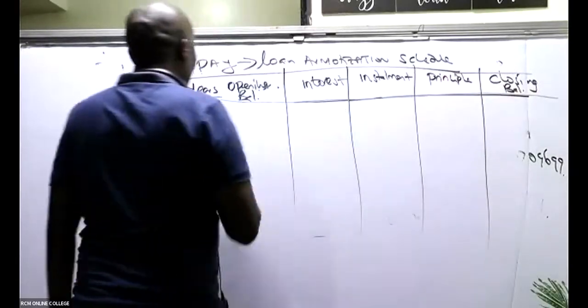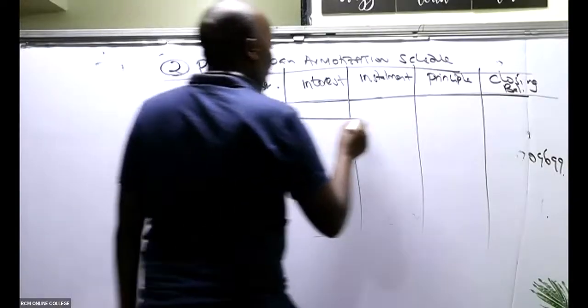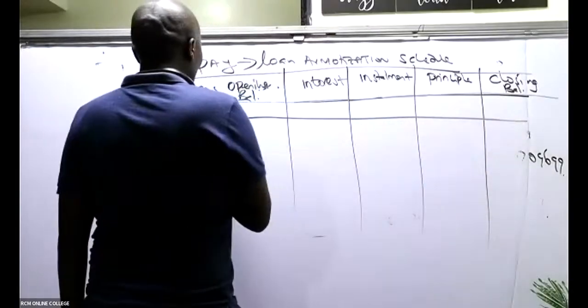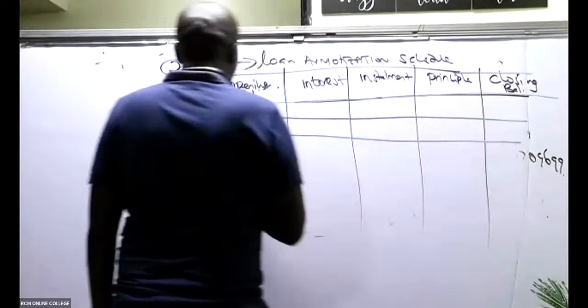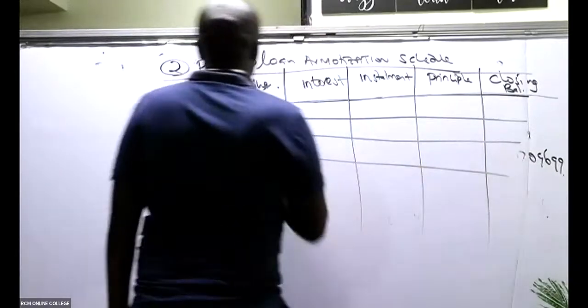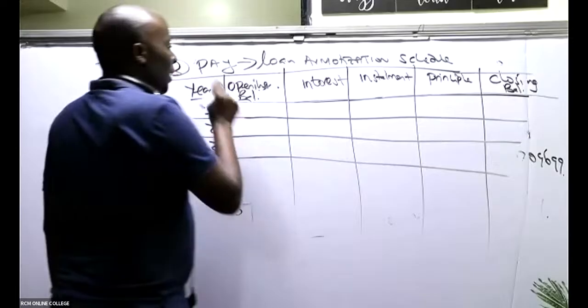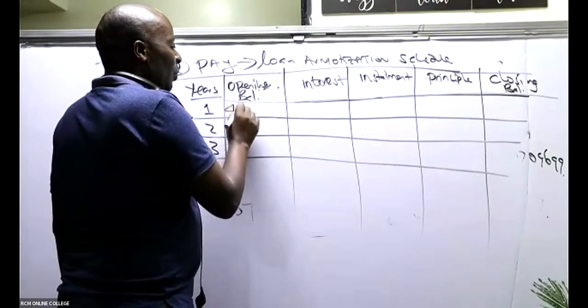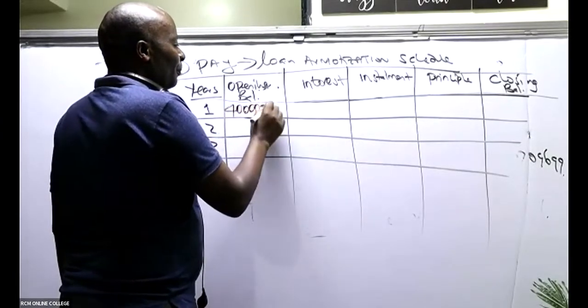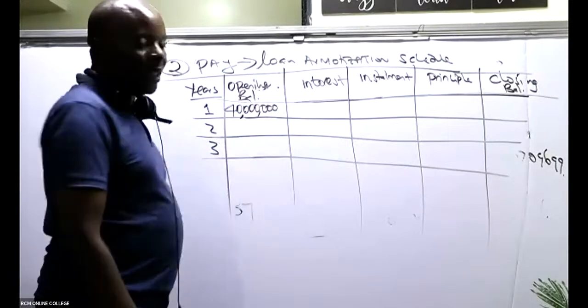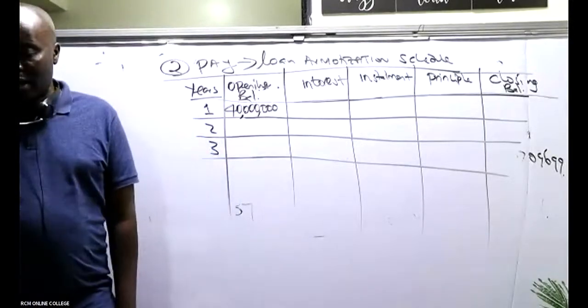Ladies and gentlemen, what do we start with here? We know our obligation. Our obligation is the total lease liability, the 40 million we said we work with. That's our opening obligation at the beginning of year 1.